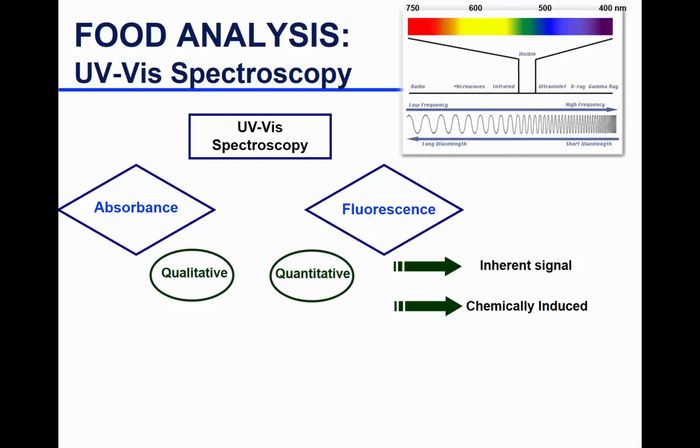For example, if you're measuring amino acid composition, there are only 3 amino acids that can absorb light, but the rest, if you want to detect them, you will react them with OPA, and you get a product that will fluoresce. If you react them with ninhydrin, you get a product that you can measure absorption.